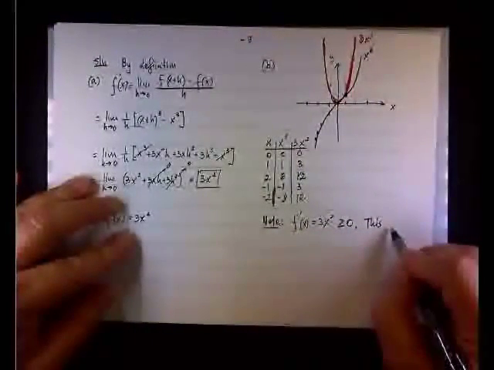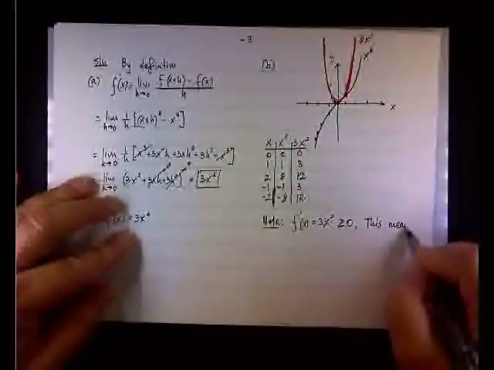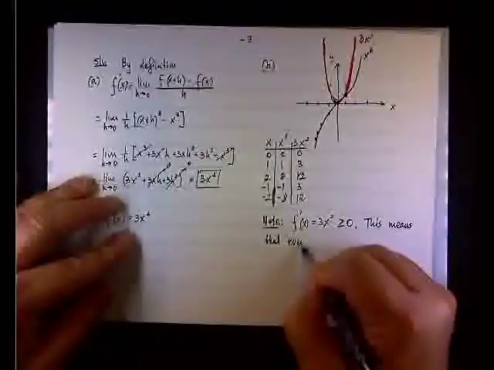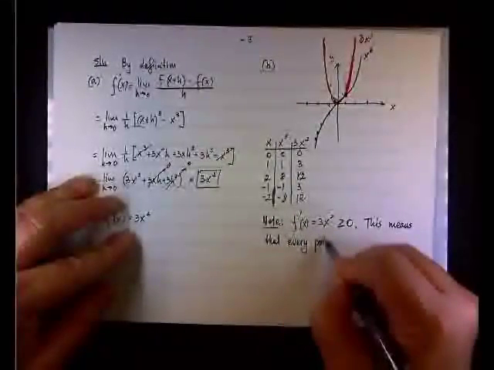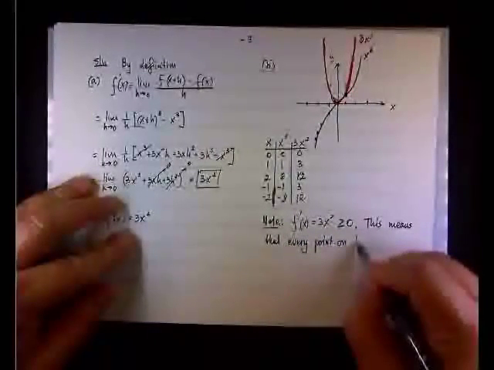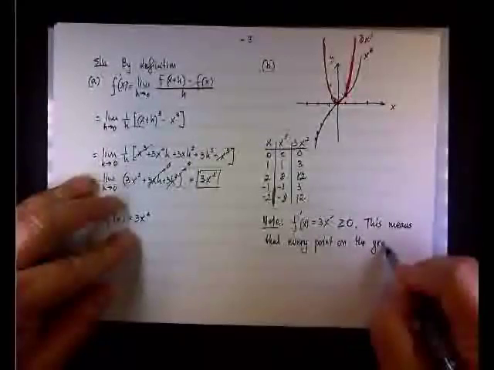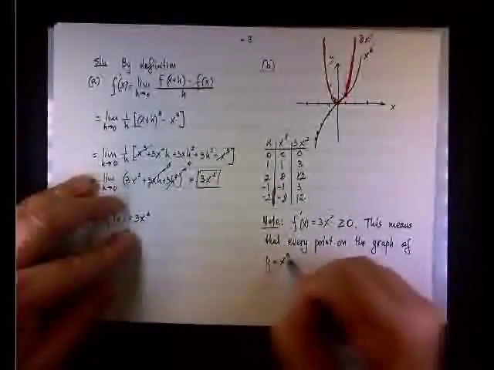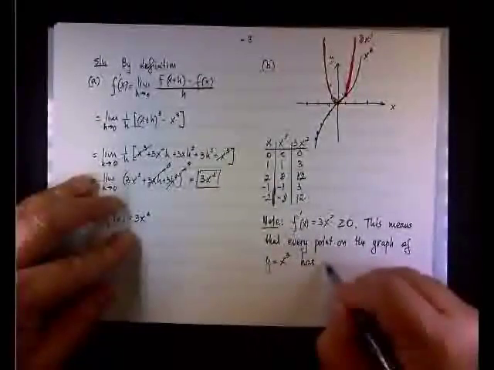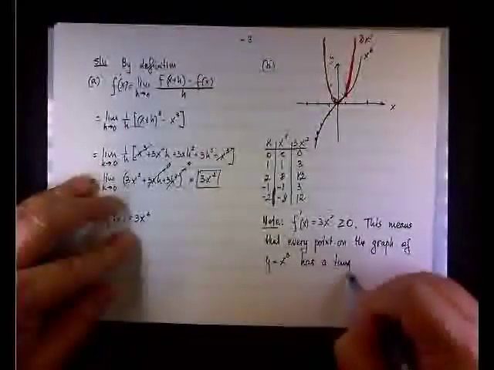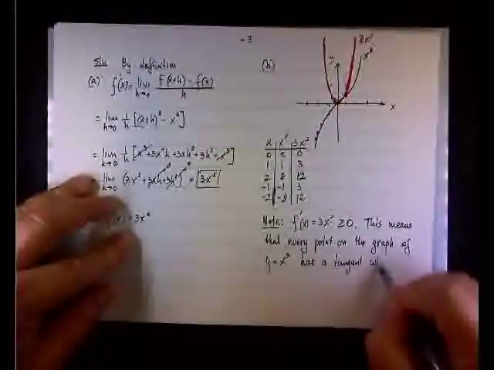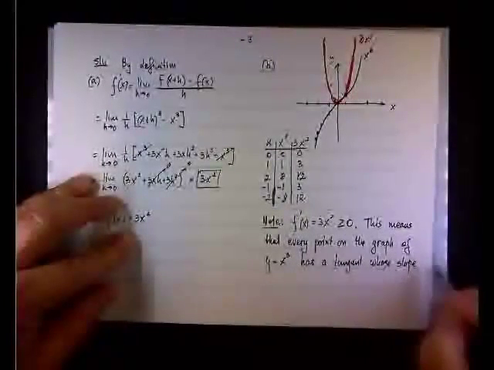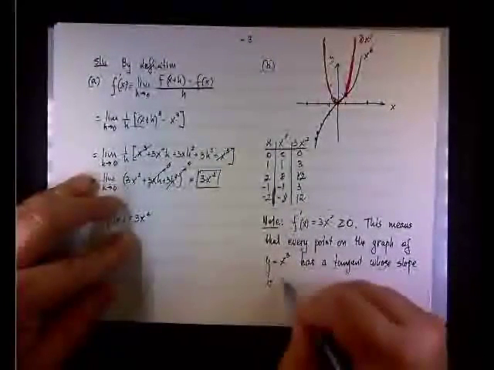This means that every point on the graph of y equals x cubed has a tangent whose slope is positive.